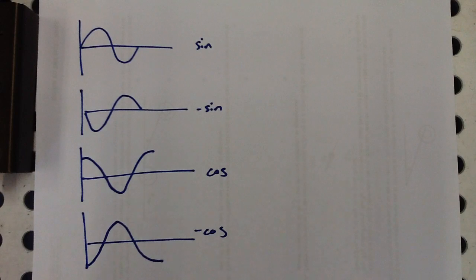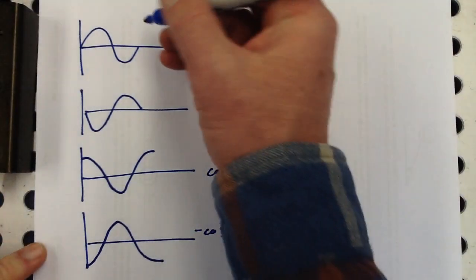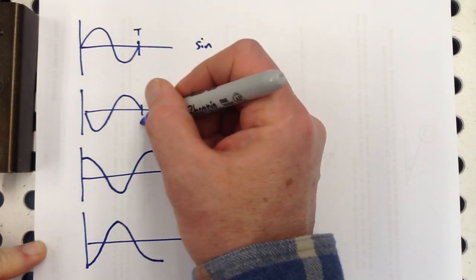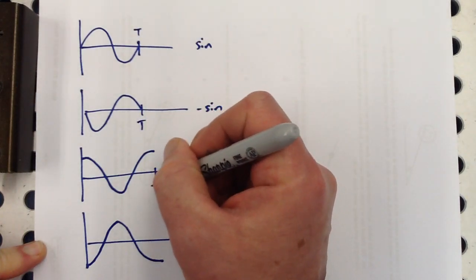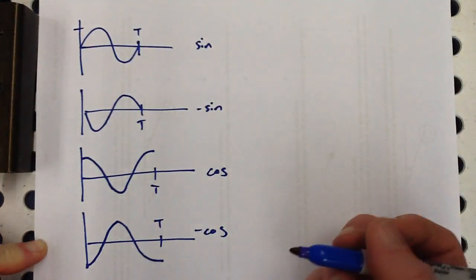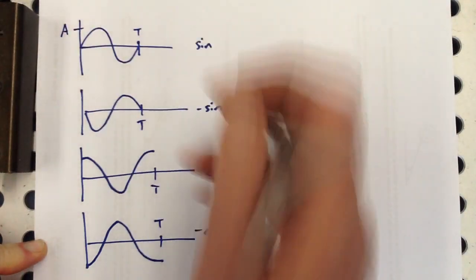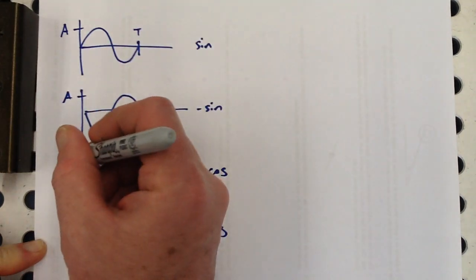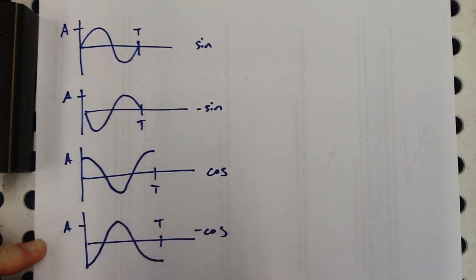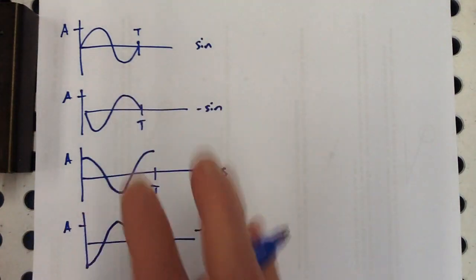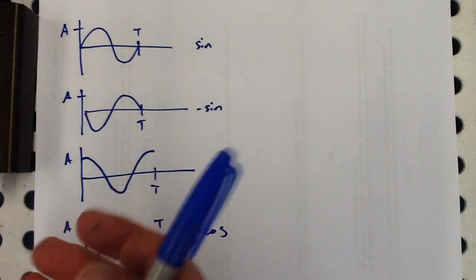How do you write the equation for one of these things? Well, if you know, I'm going to call this T, that's our period, the amount of time it takes to go through one full cycle, and you also know the amplitude, then the way that you write the equation for this would be, now I'm going to assume that these are position graphs, but you could do the same thing for velocity or acceleration.